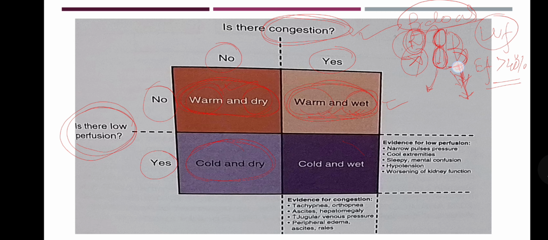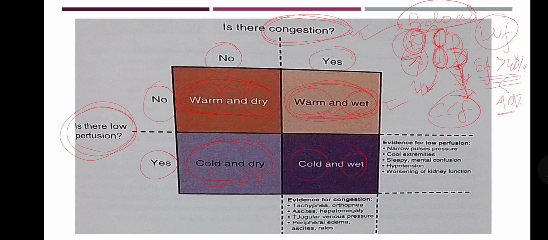On the other hand, when there is congestion and the periphery is cold, that is called wet and cold failure. That means the right heart has also failed, and there is decreased perfusion. That means the ejection fraction is also low. That means there is CCF, congestive heart failure. So it is called cold and wet.